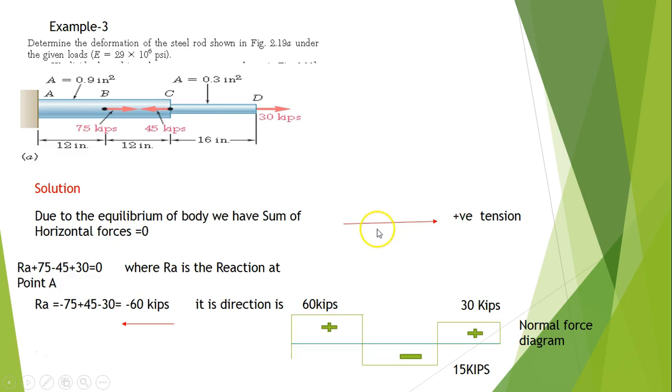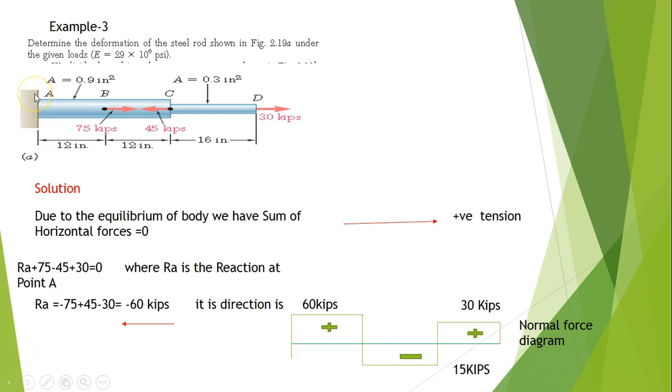We have to assume what the positive direction is. We will assume that an arrow going from left to right, which resembles tension, is our positive sign force.